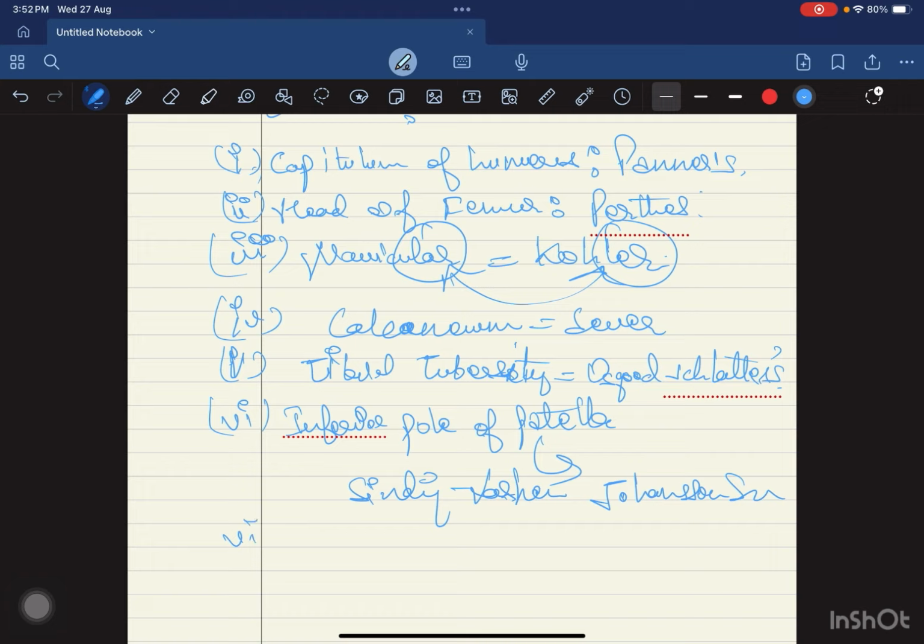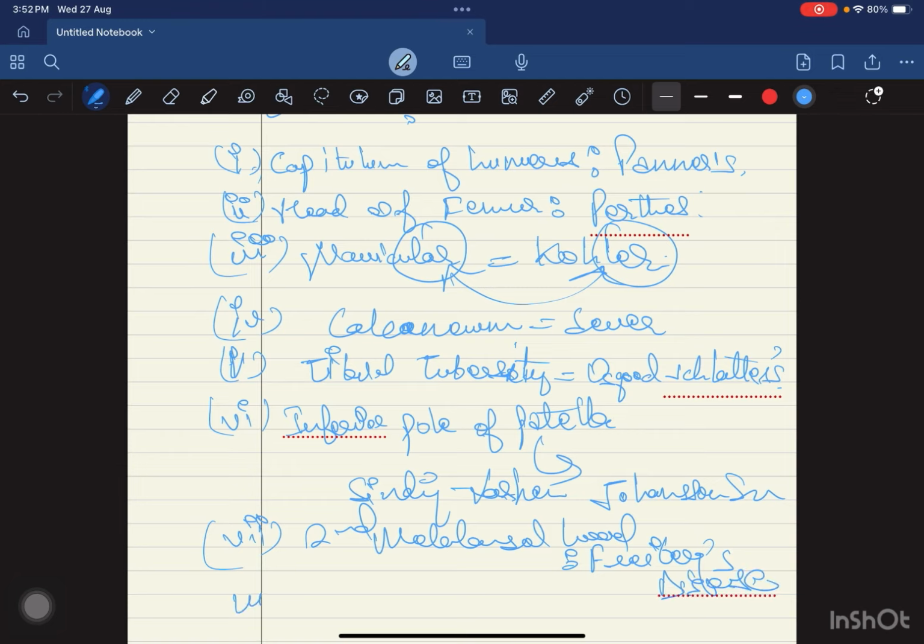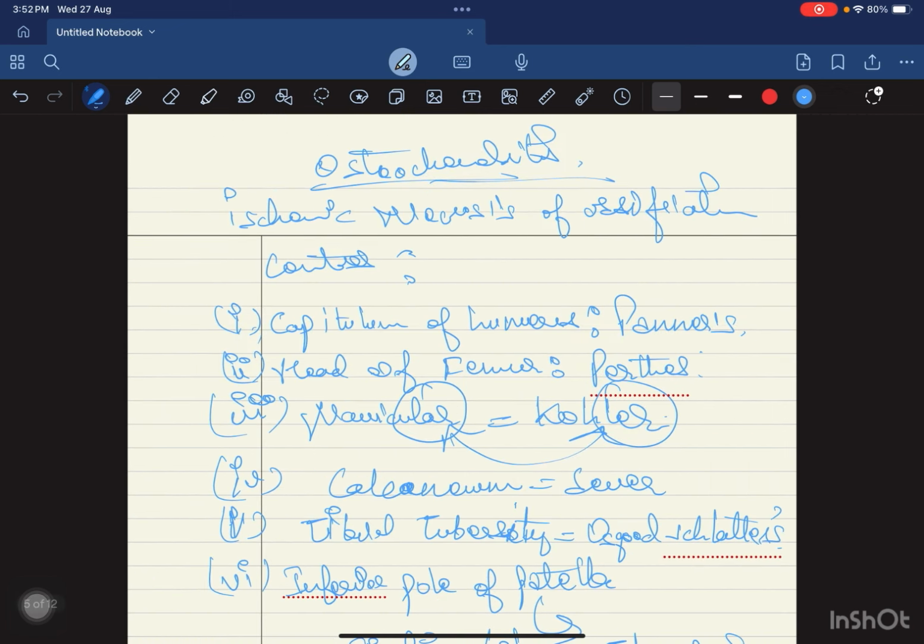For the second metatarsal head, we have Freiberg's disease. For the lunate, we have Kienbock. And this is all. These are the important ones that we have to remember here.